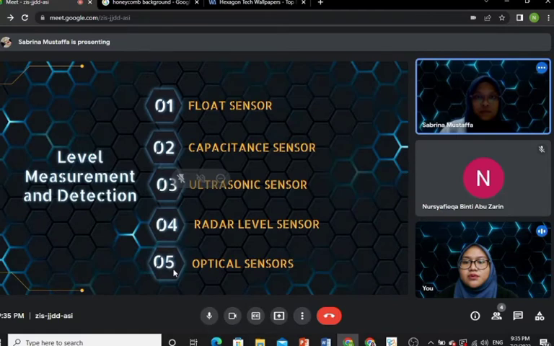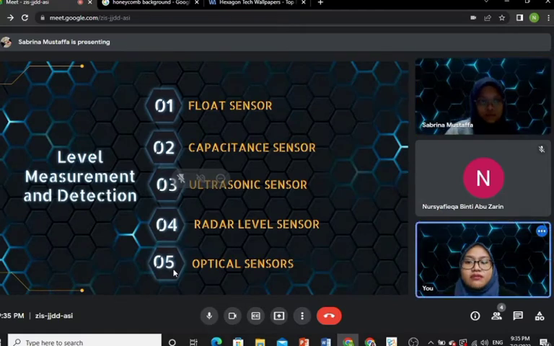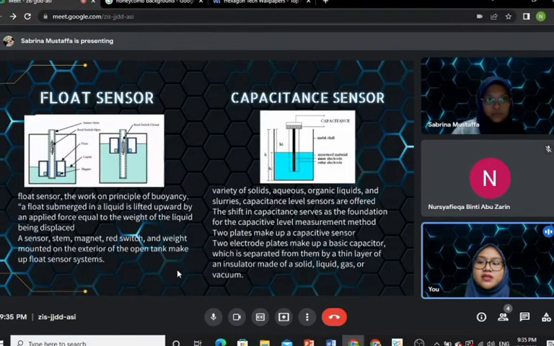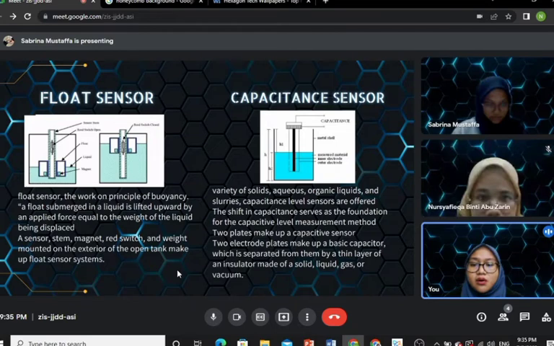So here is a few list of level measurement and detection. First, float sensor. Second, capacitance sensor. Third, ultrasonic sensor. Fourth, radar level sensor. Fifth, optical sensors. Next. The float sensor, we know that float sensor works on the principle of buoyancy.